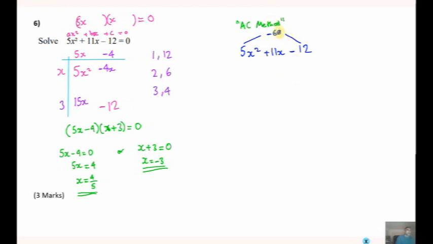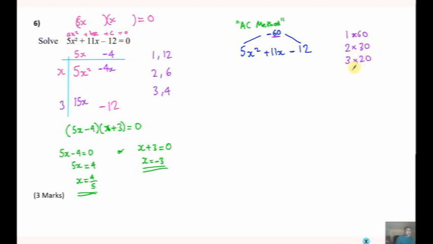Now what I need to find are two numbers that multiply to minus 60 but add to 11. Now the factors of 60, it can be 1 times 60. I can't make 11 out of those two. It could be 2 times 30. Again, that won't give me 11. 3 goes into 60, so 3 times 20.